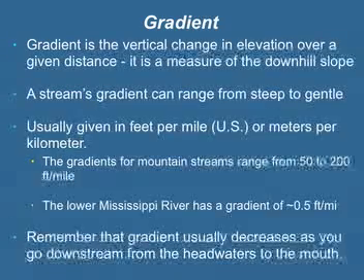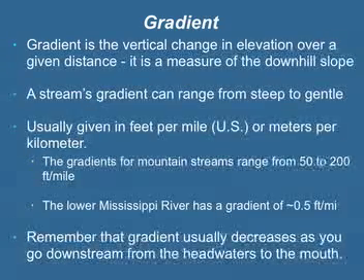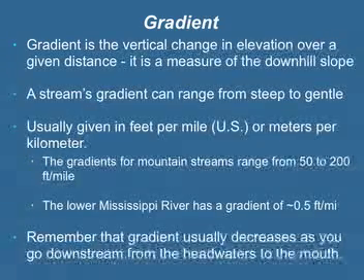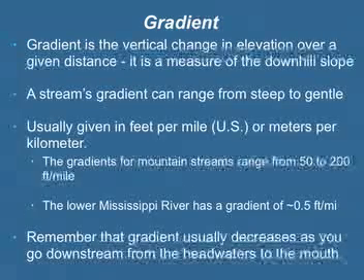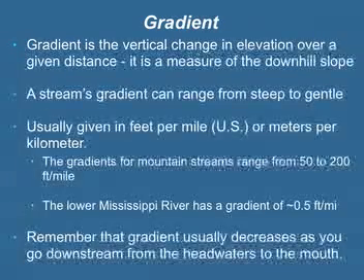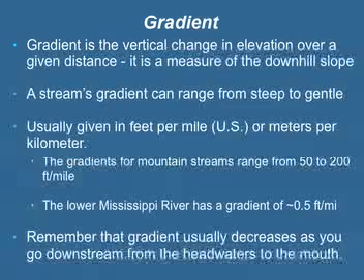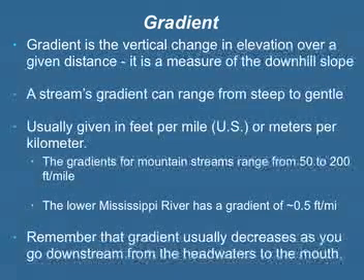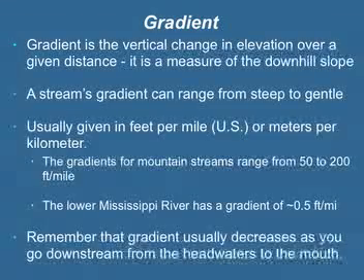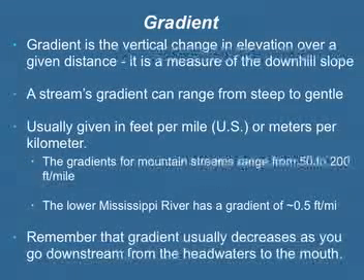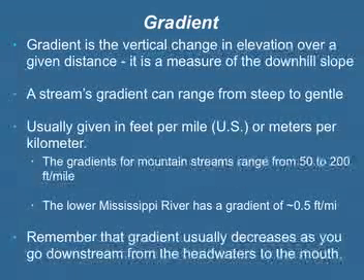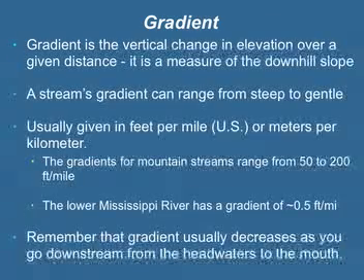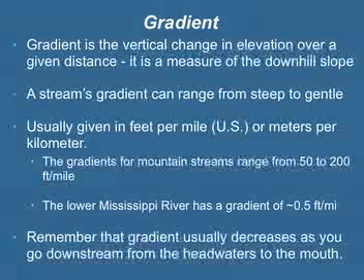Gradient is a measurement of how steep the stream is. It's a vertical change in elevation over distance. And obviously up near the source we're going to be steeper, and then down near the mouth it'll be much more gentle. In the United States, we measure gradient in feet per mile, so elevational change in feet per distance change in miles. And for a really steep mountain stream, you could even have 800 to 1,000 feet per mile gradients.